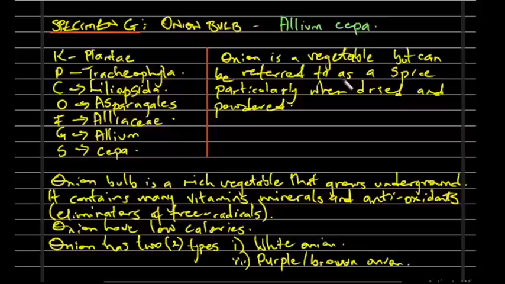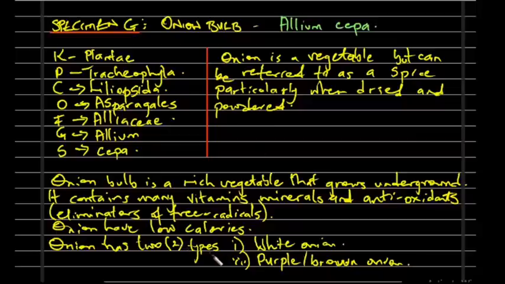The bulb is rich in vitamins, minerals, and antioxidants that eliminate free radicals and help alleviate oxidative stress. Onions have low calories; they do not have energy producing capability.